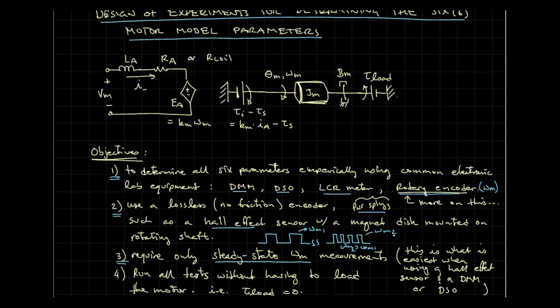If you want to measure how omega m changes in time, then you would have to capture a long pulse train of these pulses coming from your encoder, say on a DSO, and if it takes, say, 2 seconds for your motor to spin up, you're going to have to capture that pulse train for a whole 2 seconds.